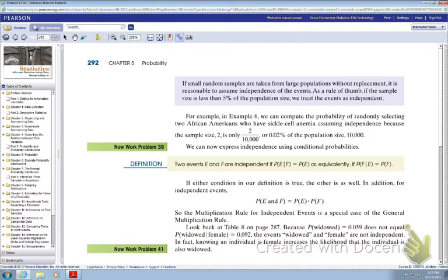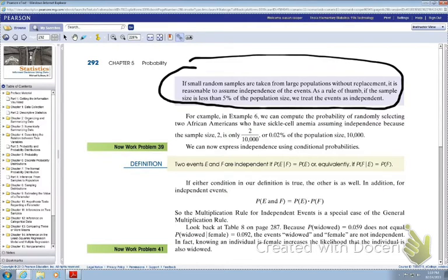Okay, and the last two lovely boxes before we actually do some problems together, we want to take special note of this, which basically says if small random samples are taken from large populations without replacement, it is reasonable to assume independence of events.